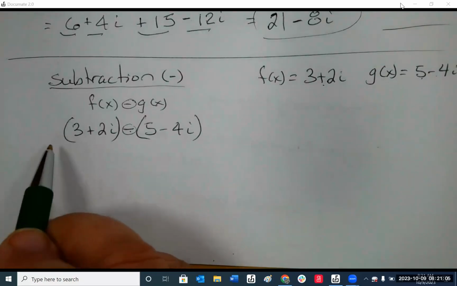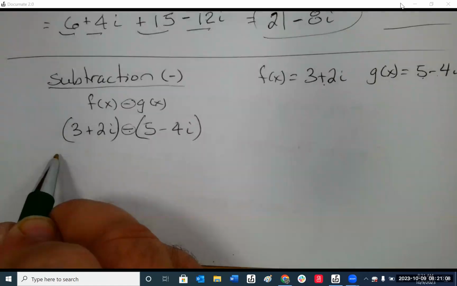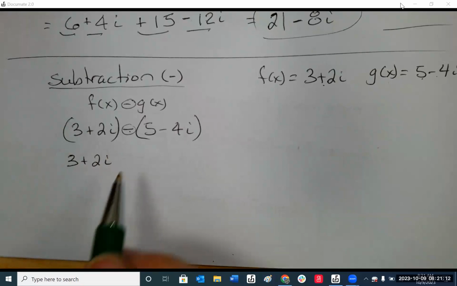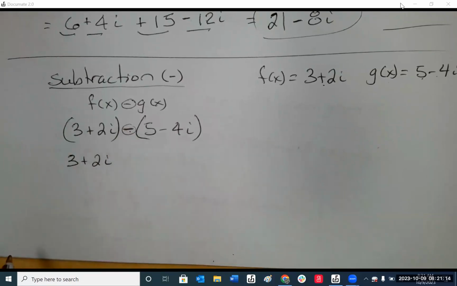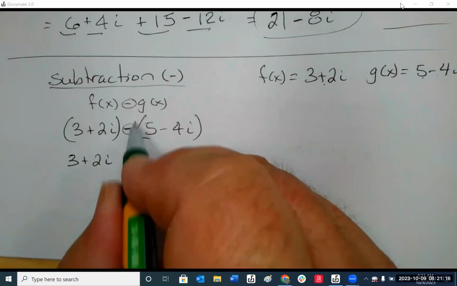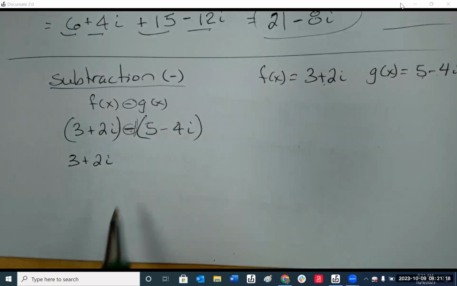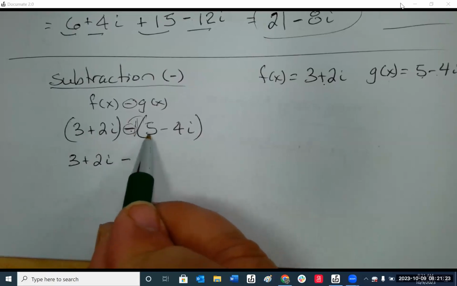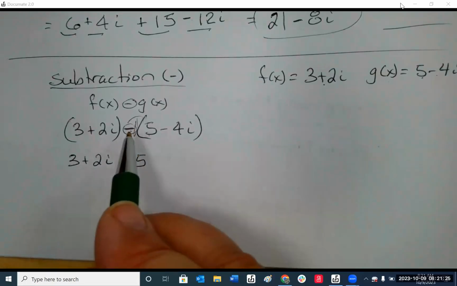Then, since there's nothing in front, we can just drop the parenthesis. But this one has a negative sign. It's actually a -1, to be honest. Then we have to distribute. Negative times positive is negative. 1 times 5 is 5.